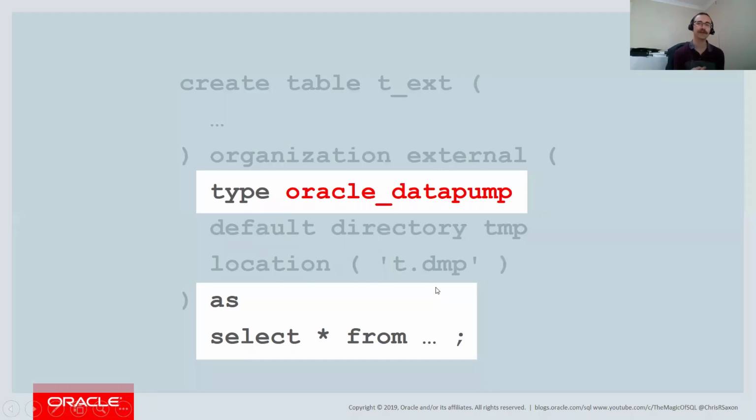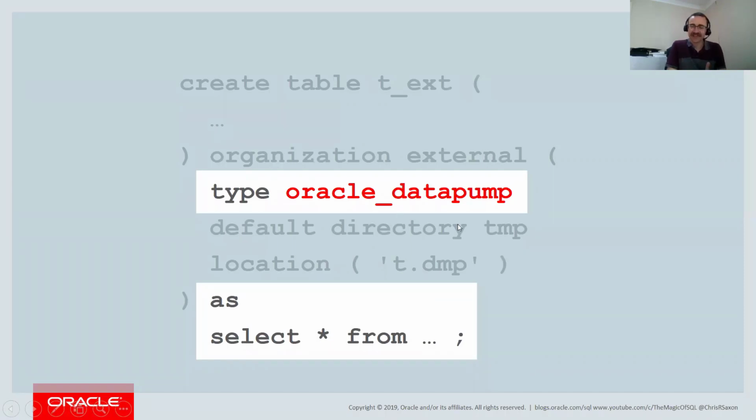So you can use external tables to unload data, but only with the Data Pump driver and in create table as select. You still can't do insert, update, delete on these. You can only do a one-off unload of the result of this query.